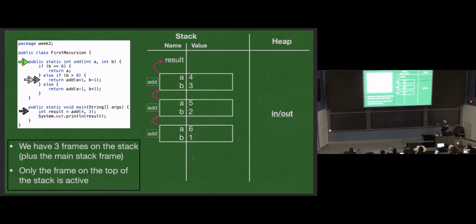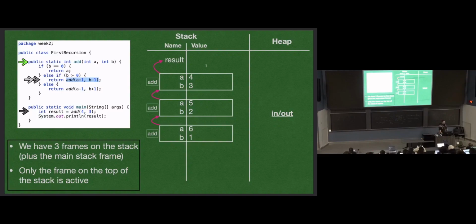And notice that we have 3 frames on the stack at this point. Only the frame on the top of the stack is active. These other 2 frames are just sitting there waiting for their return values, waiting for this method call to resolve to a value. And for that to happen, all the other stack frames have to return to get back to that one.